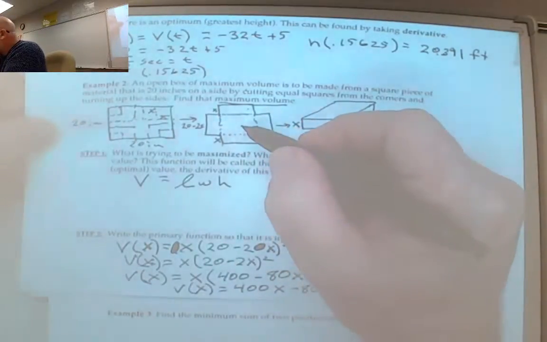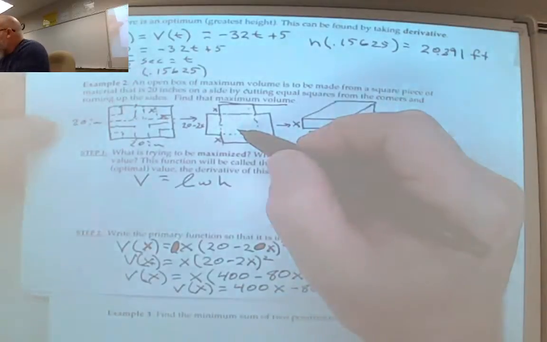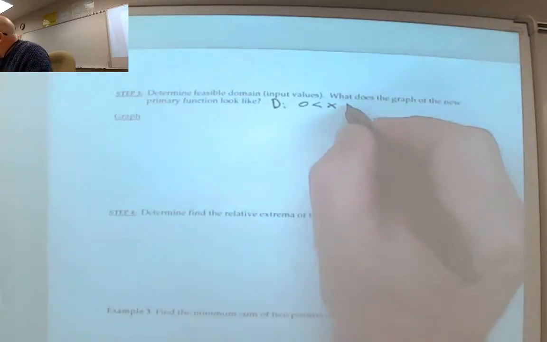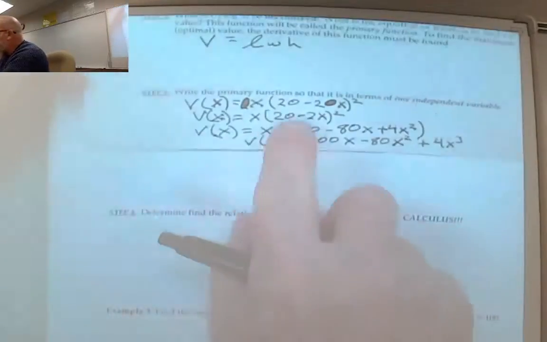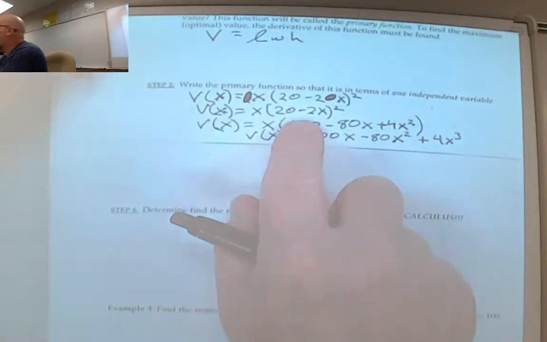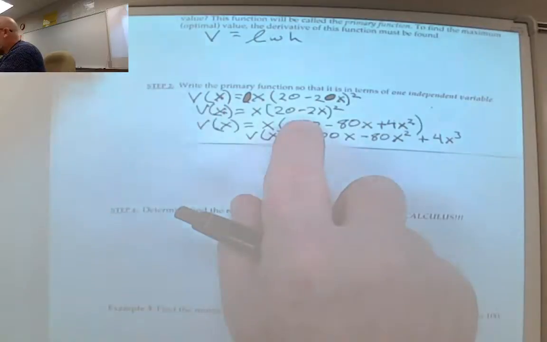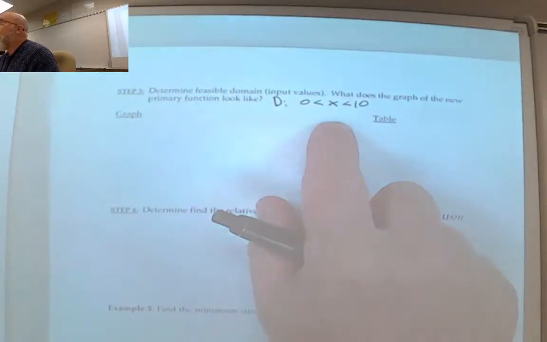And you'd be left with a little dot here that has no volume, correct? You'd have 4 pieces of metal. So it's got to be less than 10. Algebraically, what I'm doing here is I'm making this equal to 0 also. Do you see that? And if I make that equal to 0, then I get x equals 10. So that's my domain. That's going to be very helpful when I graph.